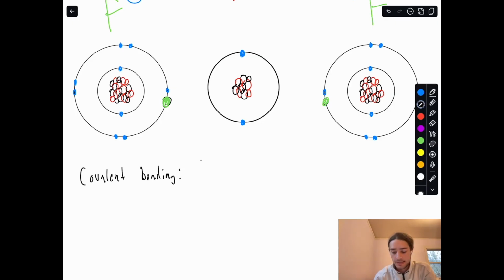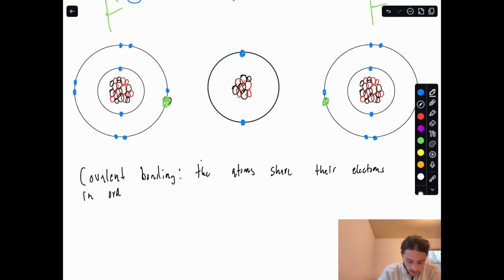So the cations give up their electrons forever to the anions, whereas in covalent bonding, the atoms are going to share their electrons in order to fill their orbitals. Or I guess in this case, shells.